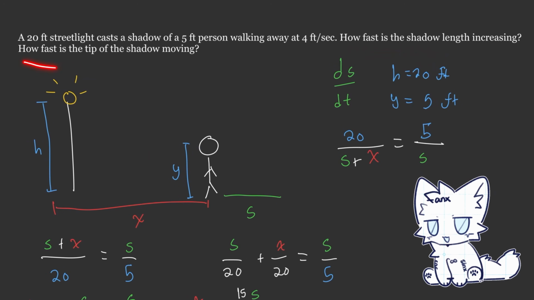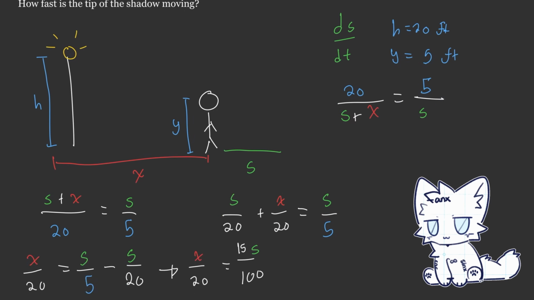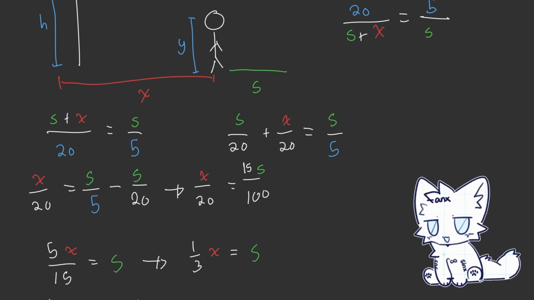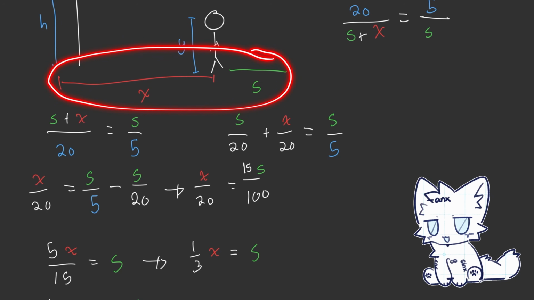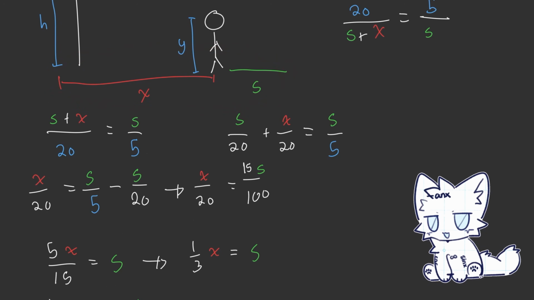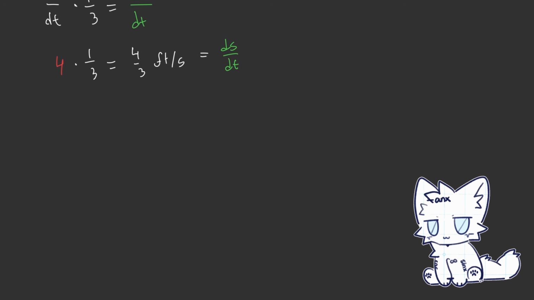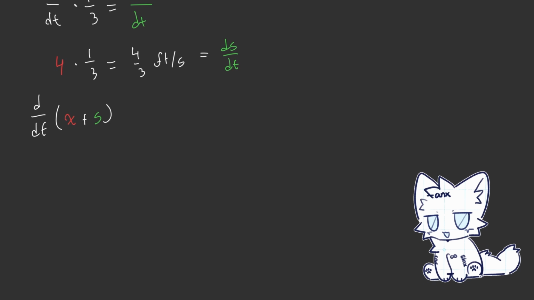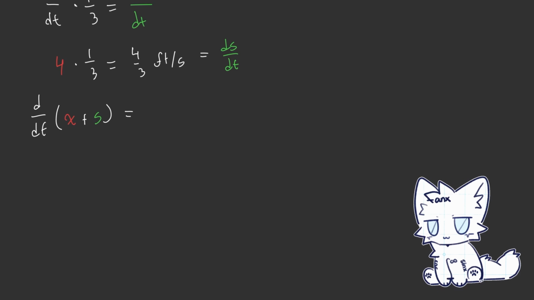But what is the second part of the problem? How fast is the tip of the shadow moving? Well, the tip of the shadow can be modeled as x plus s, because we want this point here, right? So x plus s, and we just need to take the time derivative of that, which is equal to dx/dt plus ds/dt.